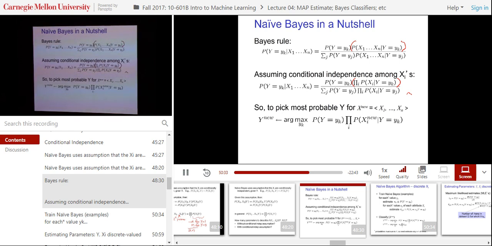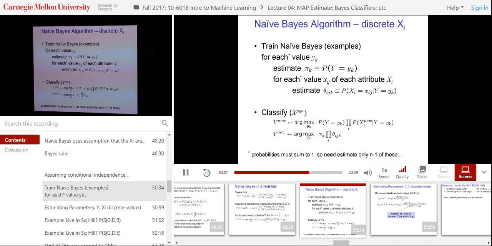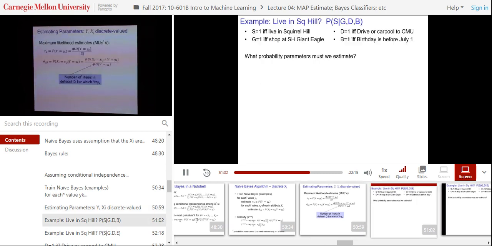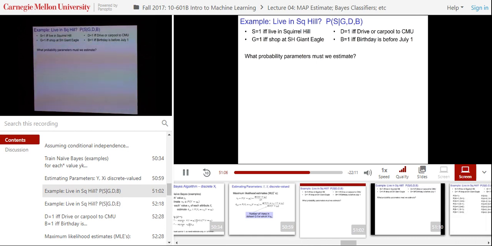And fortunately, we have time to try it. So here it is again, where we're going to train a naive Bayes classifier by estimating the prior probability of y, and then for each x sub i, estimate the distribution of its values. Here's the problem I'd like to try it on.